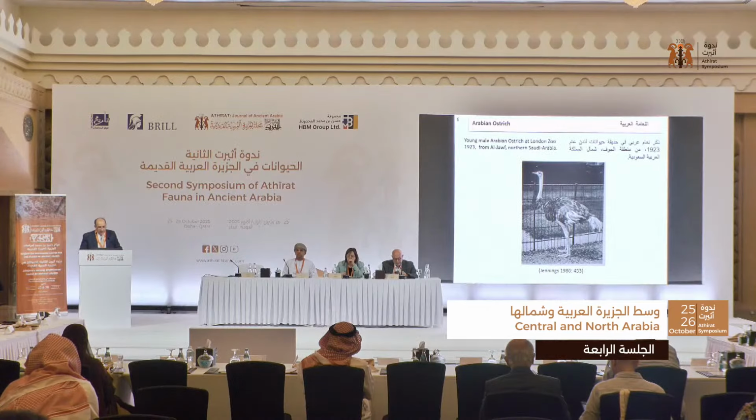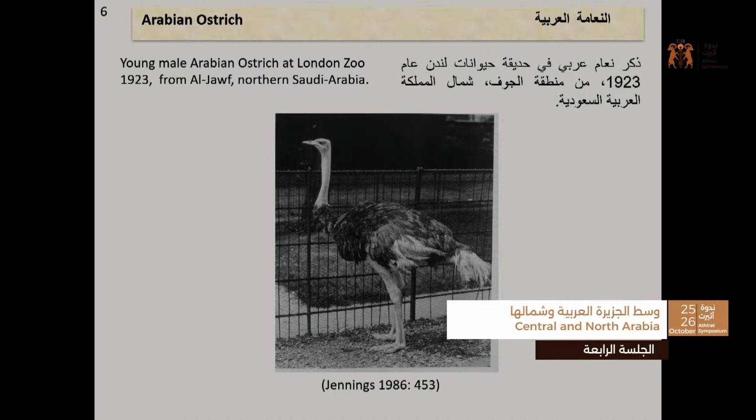Here we have a young male Arabian ostrich at London Zoo in 1923 from Al Jouf in northern Saudi Arabia. And here about the ostrich in the rock drawings, we have a scene from Al-Ula, and we see here the schematic style of these drawings.